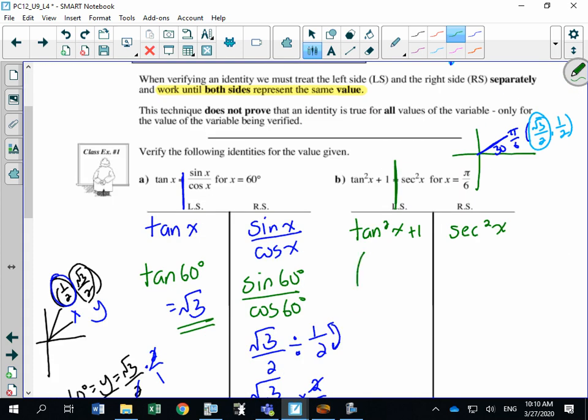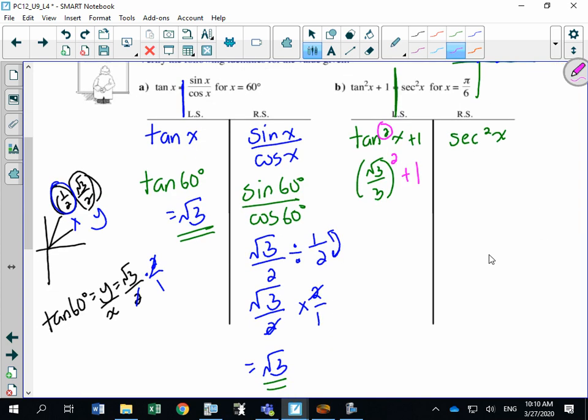So how I write that, tan squared x, well, tan of pi over 6 is root 3 over 3. So I'm going to write root 3 over 3, and then I'm going to square that guy, plus 1. Whenever you square a radical, it gets rid of that radical sign. So that would be 3 over 9 plus 1. 3 over 9 reduces to 1/3 plus 1.